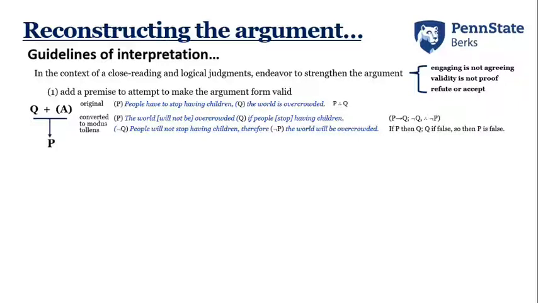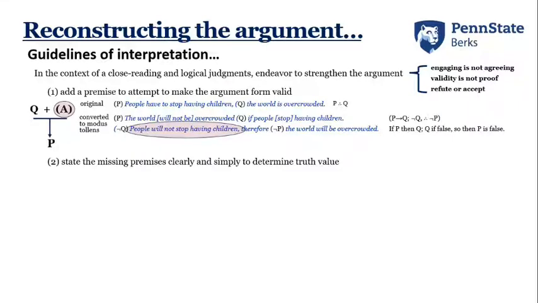Because remember, just because they gave a really terrible argument, we may still be concerned with the conclusion, because we know how overpopulation impacts various things from the environment and in turn the human person themselves. So nonetheless, people will not stop having children is the one that we are adding in an attempt to make their argument form valid.